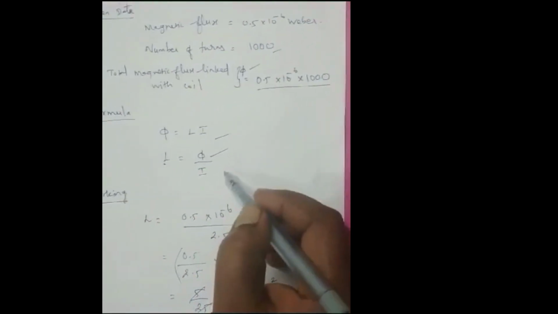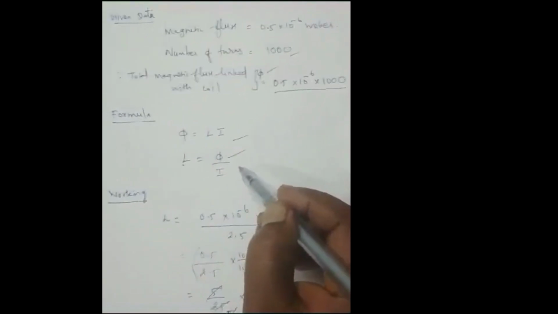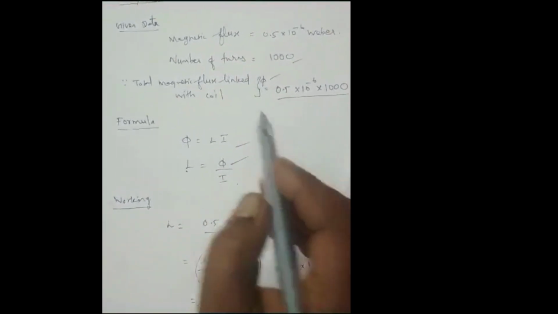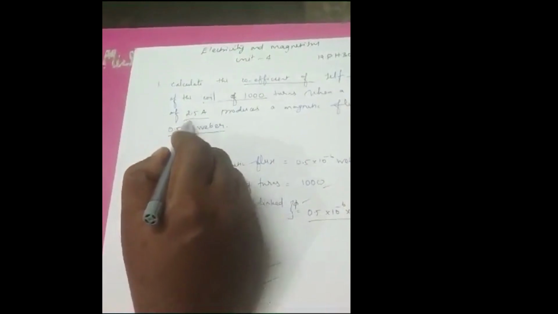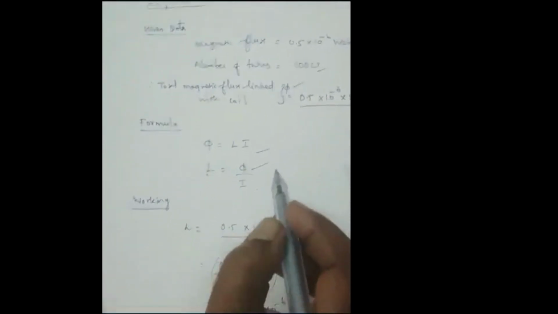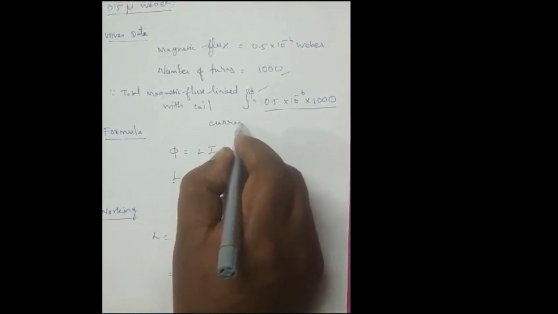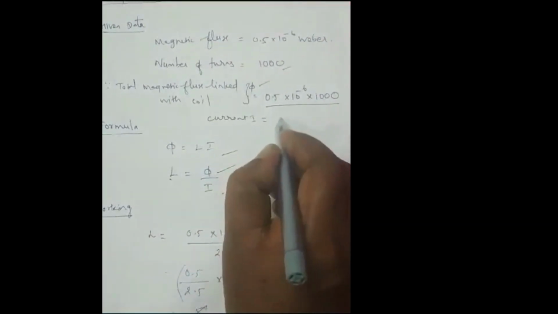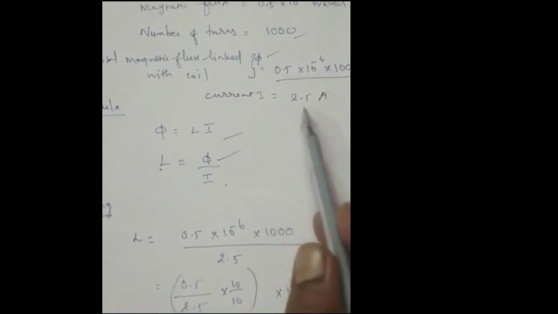We know the total flux. Already we know the current, I is equal to 2.5 ampere. Now substitute here: flux phi is equal to L I, so the current is 2.5 ampere here. Now change 0.5 by 2.5 so it becomes a whole number.